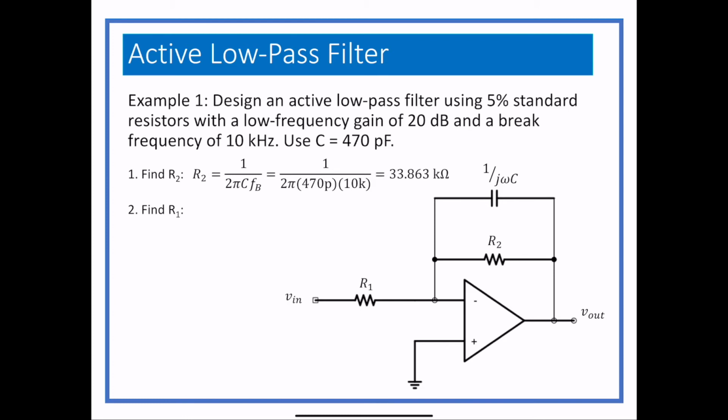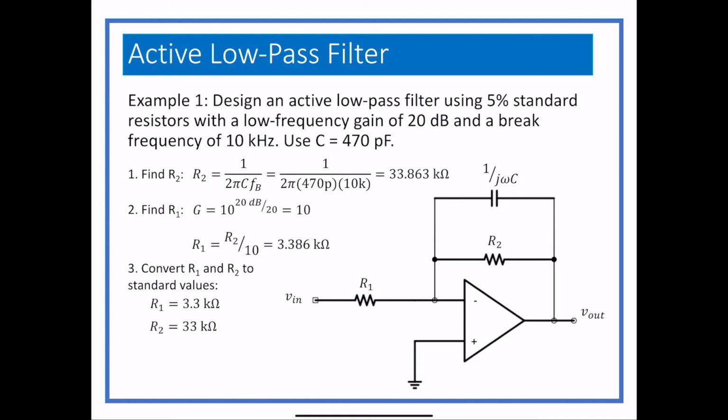And remember, to convert dB to a regular number, we just take 10 and raise it to the dB power divided by 20. So we're going to end up with 10 to the 20 dB over 20, and we get 10. And then we just solve for R1 because we know the low frequency gain is supposed to be 10. So R1 is R2 over 10. We get 3.386 kiloohms. And then we just convert those to standard values of 3.3K and 33K.